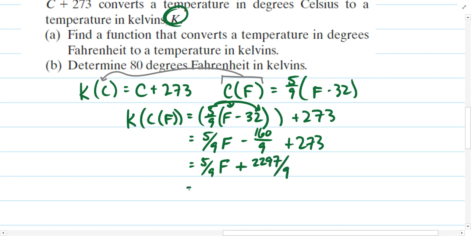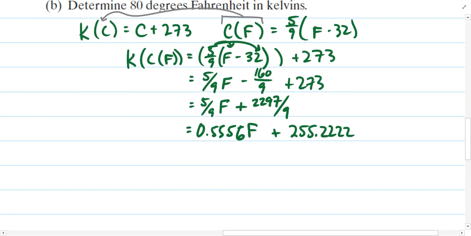As a decimal, which is often what we're accustomed to working with, 5/9 is 0.5 repeating, so I'll use 4 decimals of that and round that 4th decimal to a 6. And this fraction is 255.2 repeating. And this simplified result takes our Fahrenheit values and converts them directly into Kelvin. Either one would work. Of course, this one with a little bit more precision.